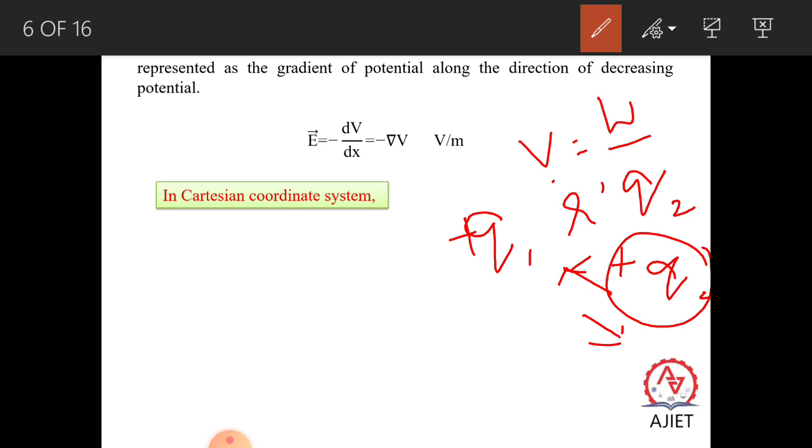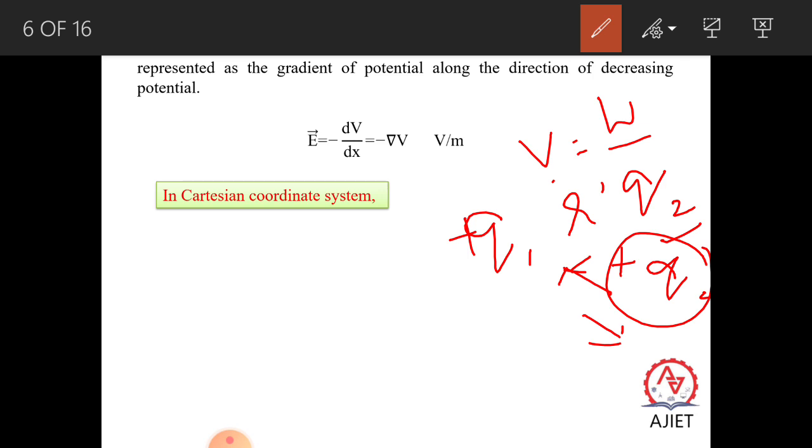Until that region the electric field is prevailing. So what is electric potential? It is the work done by carrying this charge near to the charge Q1 from infinity to that point against the electrostatic force of the field. That can be calculated by V is equal to W by Q.